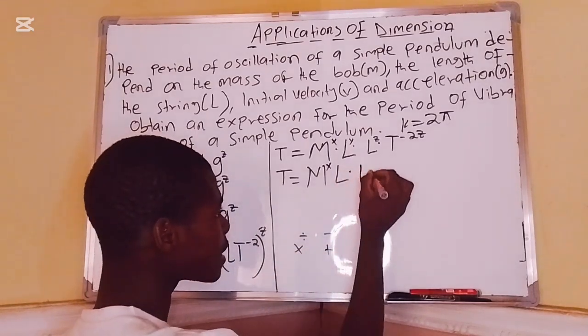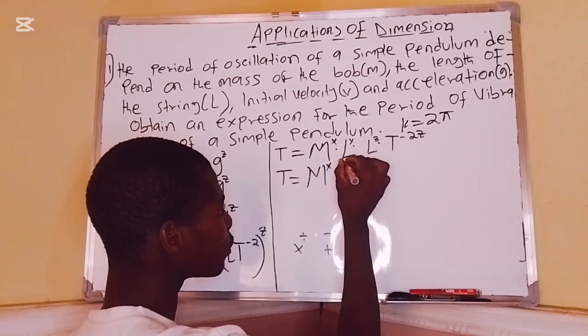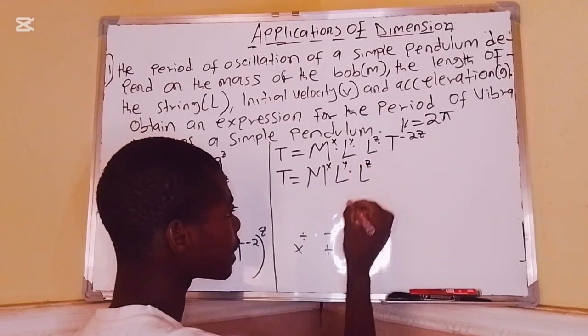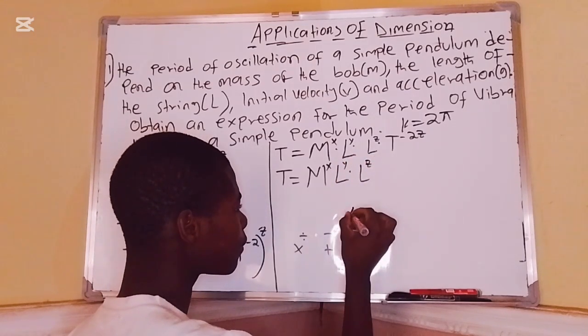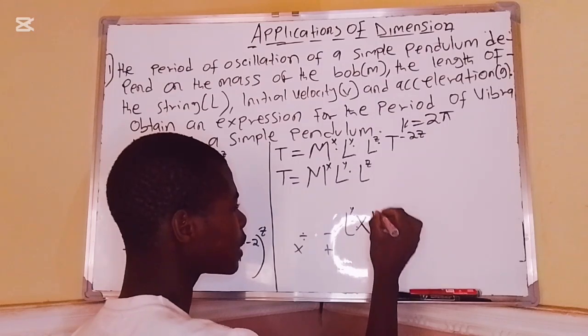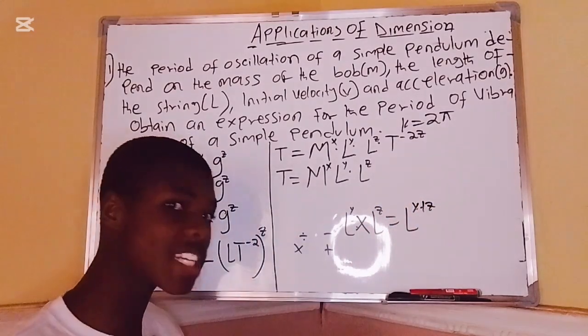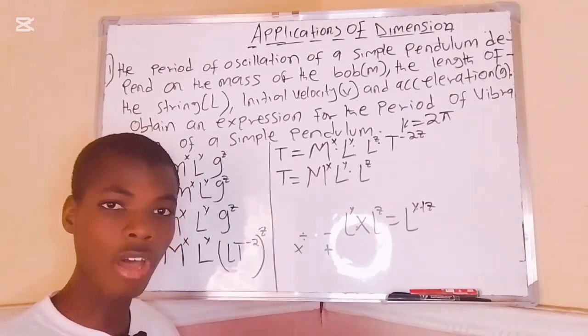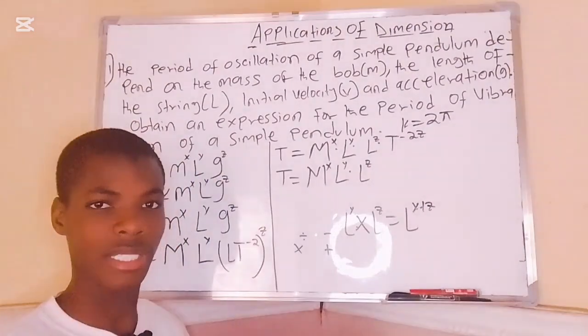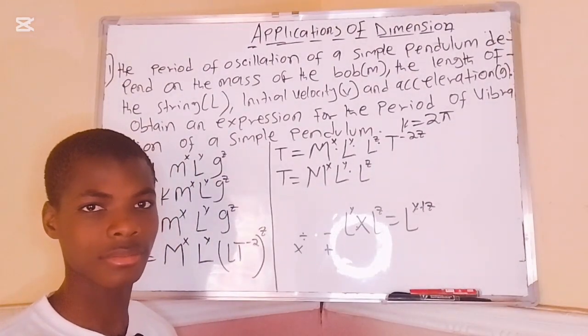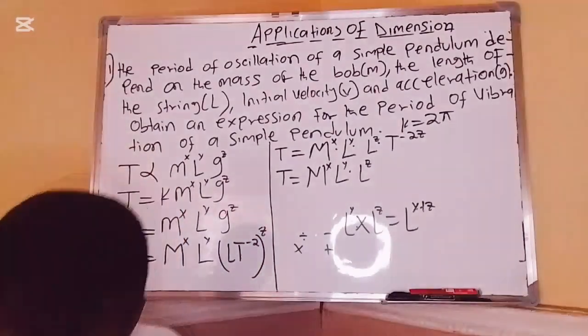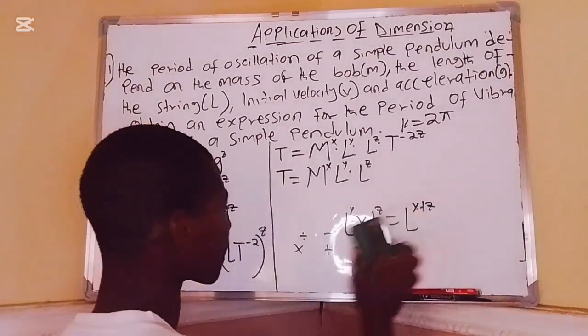So this L to the power y and this L to the power z is the same thing as L to the y plus z. Don't ask me why, it is according to the laws of indices. So the next thing to do is that I have to clean this.